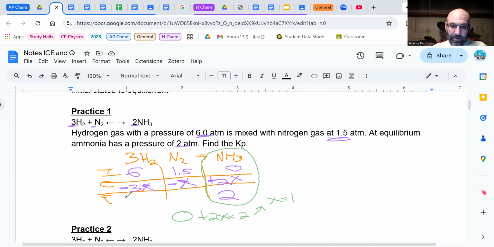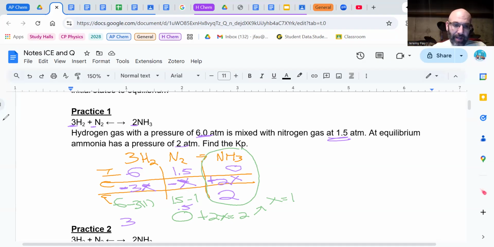So for hydrogen at equilibrium, it's 6 minus 3 times 1, and for N2, it's 1.5 minus 1. So that means at equilibrium, this is going to be 3, and this is going to be 0.5. And now we know everything we need.